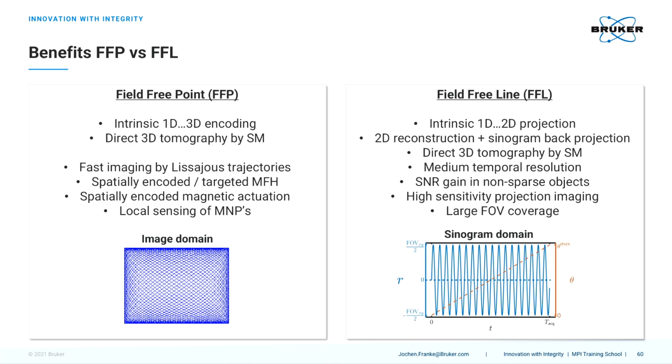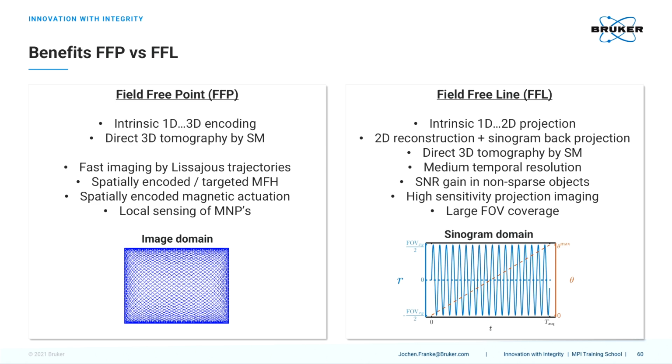We have an SNR gain by using the line for non-sparse objects. Thanks to the line, we always have a very large field of view which we cover, but at the expense that intrinsically it is a projection which needs to be compensated.